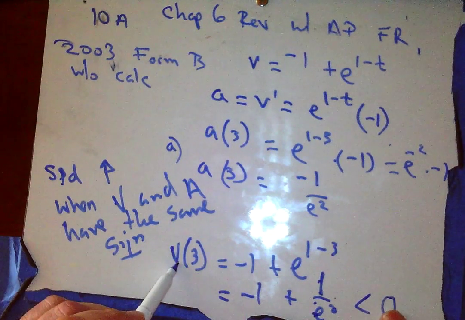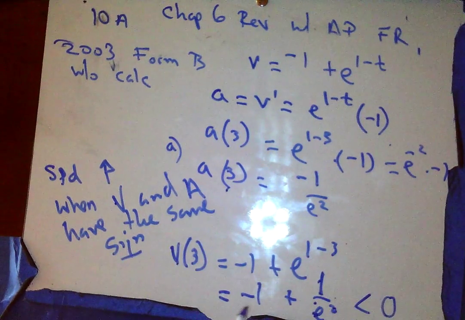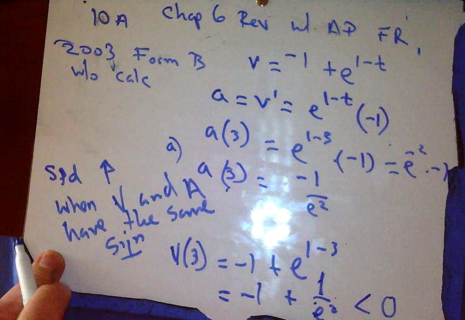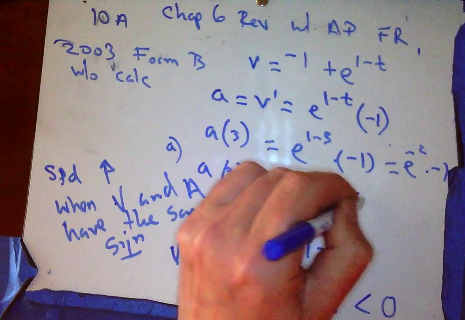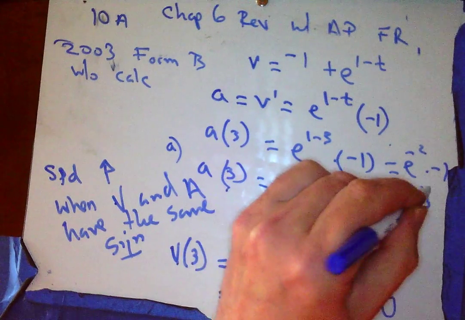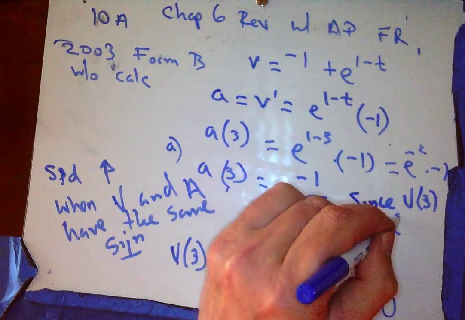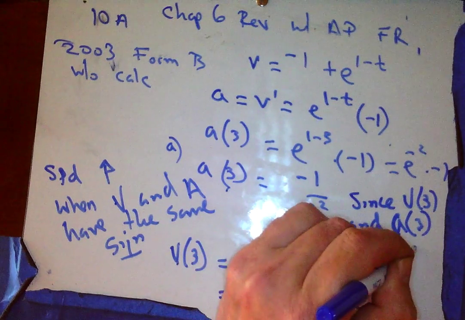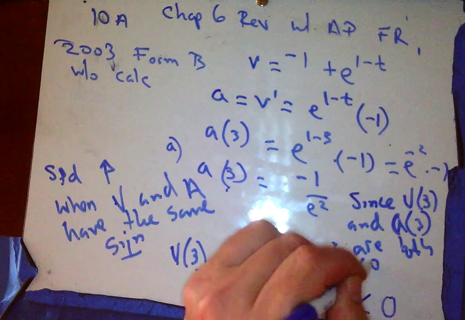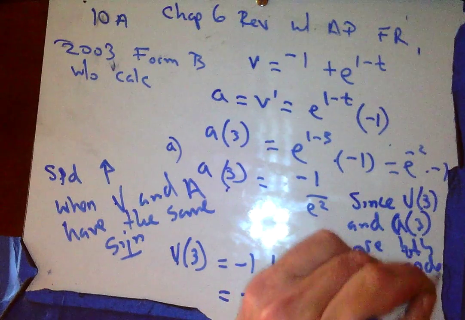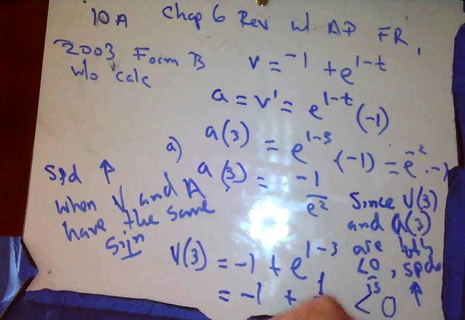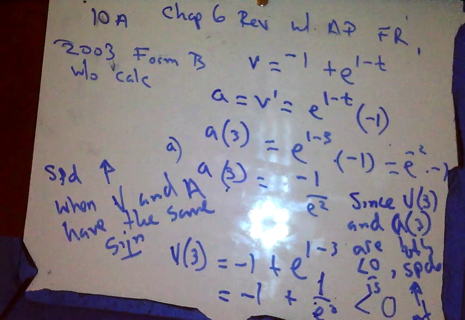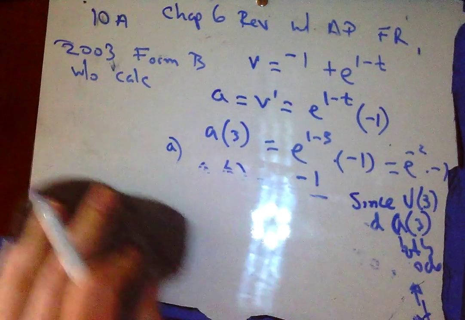So velocity is less than 0, acceleration is less than 0, so I can say since v of 3 and a of 3 are both less than 0, speed is increasing at t equal to 3. Okay? All right, that was part B.